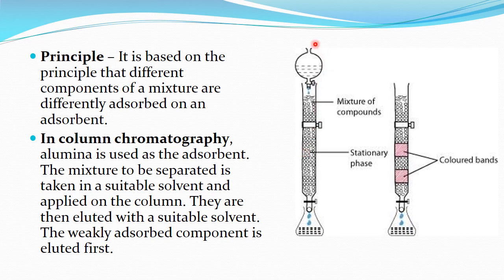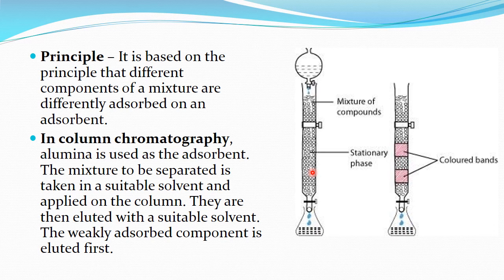When we transfer the mixture of compounds, some of the components of the mixture will adsorb more on the adsorbent, and here Al2O3 acts as the adsorbent. It adsorbs some of the components more, and that component we can see on the top of the column. The least adsorbed component can be seen at the bottom of the column.